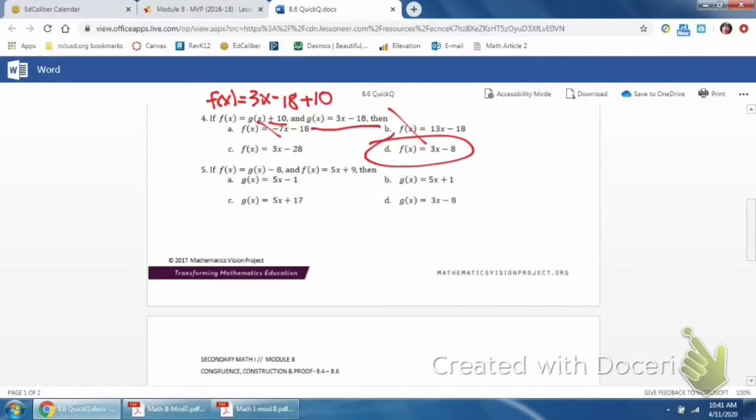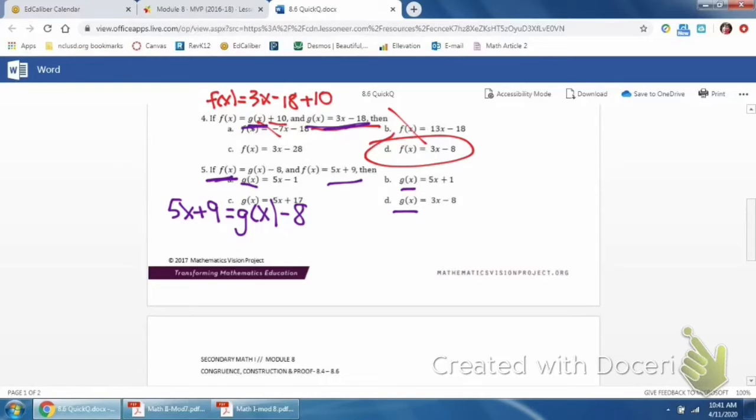So when you get to number 5, you're kind of doing the same thing, but now we're plugging in F instead of G. We're plugging in this to F instead of this to G. Okay, so this one's going to look like this now. 5x plus 9 equals g of x minus 8. Keep in mind, our answers are all for g of x.